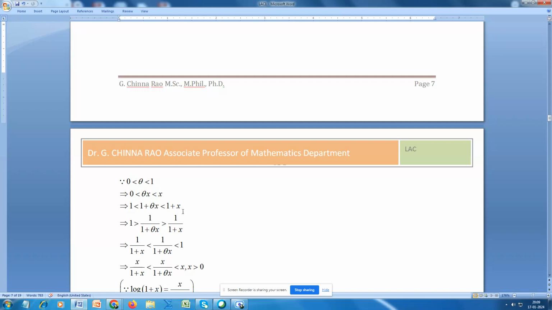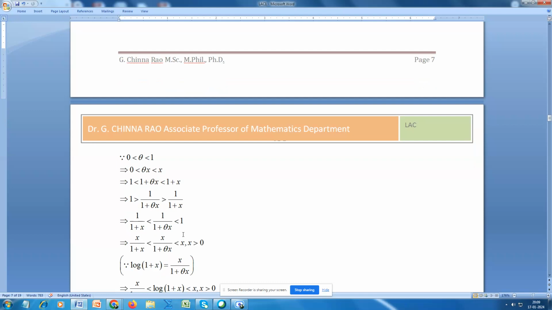Now take reciprocal. When you take reciprocal, the inequality will be reversed. 1/1 is 1 greater than 1/(1 + θx) greater than 1/(1 + x). Now, 1/(1 + x) is less than 1/(1 + θx) less than 1. So when you write right to left, the inequality changes.